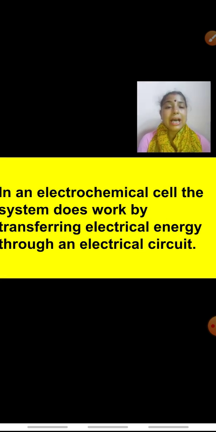In an electrochemical cell, the system does work by transferring electrical energy through an electrical circuit. That means work is being done. How is the work done? Electrical work is done by transferring the electrical energy in the electrical circuit.